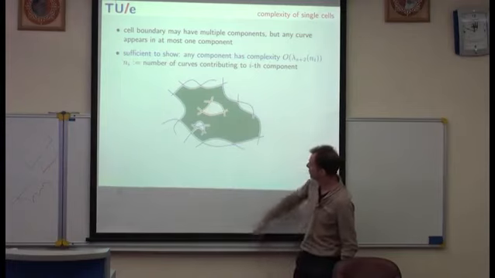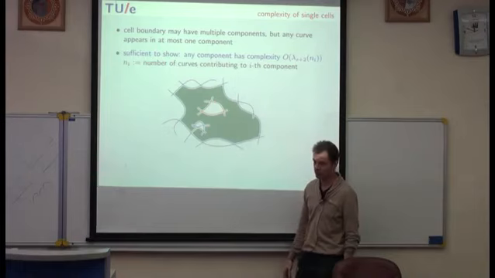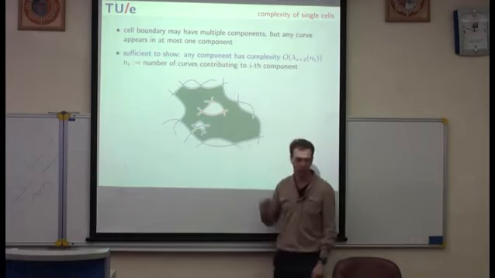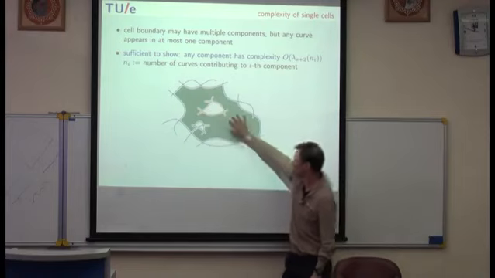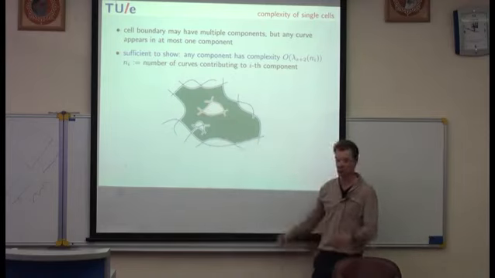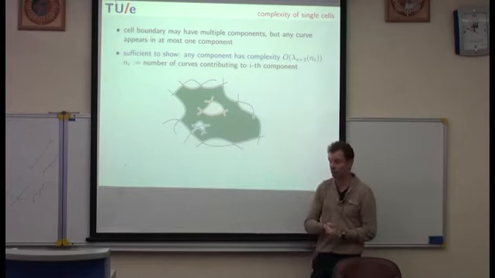And I'm going to do those separately. Right? And note that any segment can be part of only one of these components, because if a segment would be in two components, well, that would be one component.